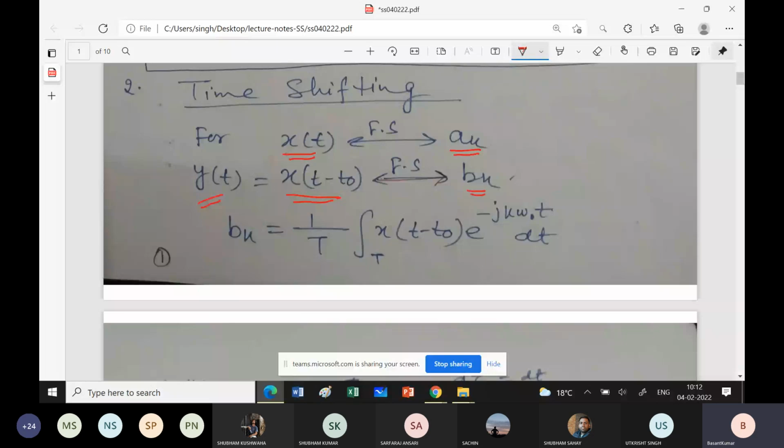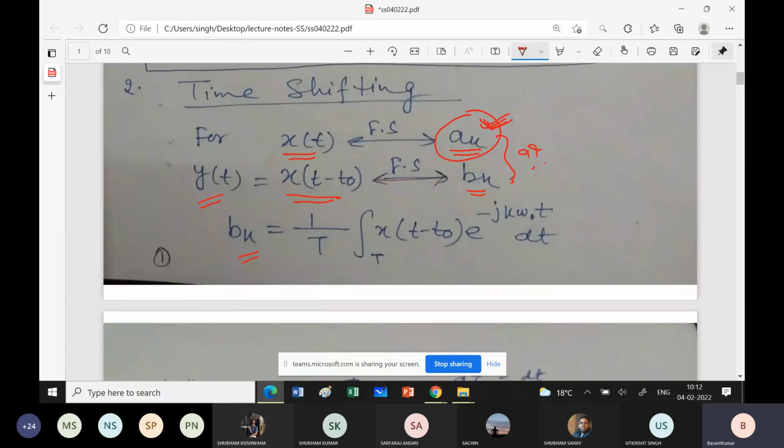One thing is very clear, that there will be some relation between these two. You have to find out the relation, so that when the signal is shifted in time, you can easily figure out the coefficient. If you know this a_k, you should be able to compute b_k. So how to compute b_k?